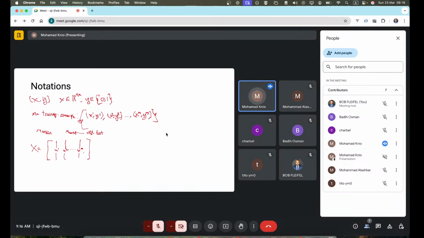And this is basically the size of m. This is how many parameters that we have, and n of x would be how many rows that we have. So m is how many columns that we have, and nx would be how many rows of x.